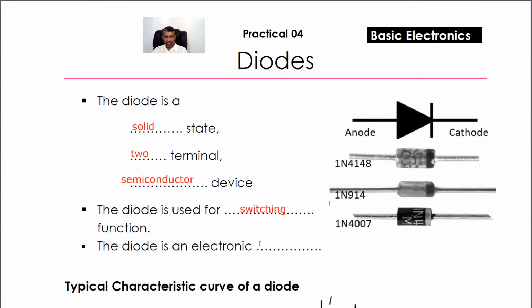A diode is an electronic valve. In your bicycle, when you are applying air pressure, there's a valve. A valve is used to control the direction of airflow.